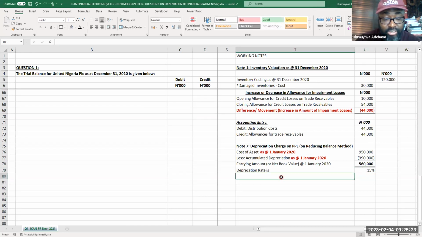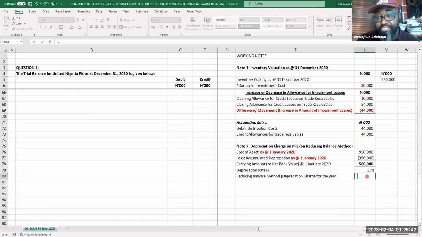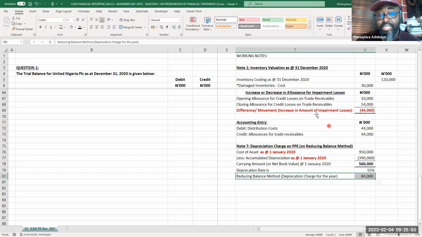Therefore, since it's reducing balance method, our depreciation charge for the year will now be 15% multiplied by 560. You have 84. And this is our result.